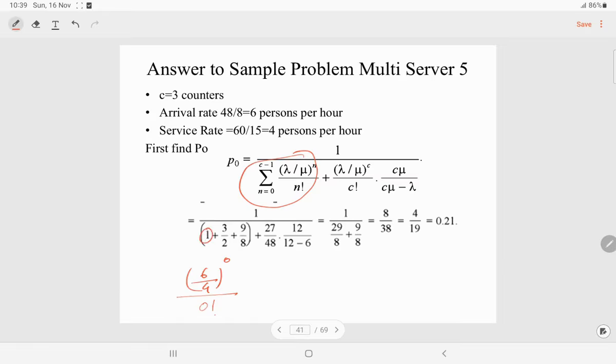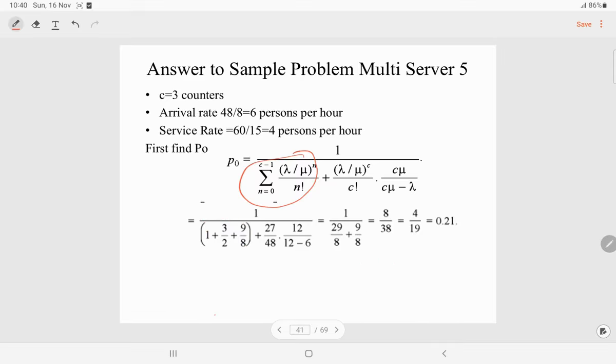So that is this 1. Then 6 by 4, that is 3 by 2. So 3 by 2 raised to 1 divided by 1 factorial, that is 3 by 2, plus 3 by 2 the whole square divided by 2 factorial, is equal to 9 by 4 into 2 factorial, that is 9 by 8. So this is how that first term is coming.